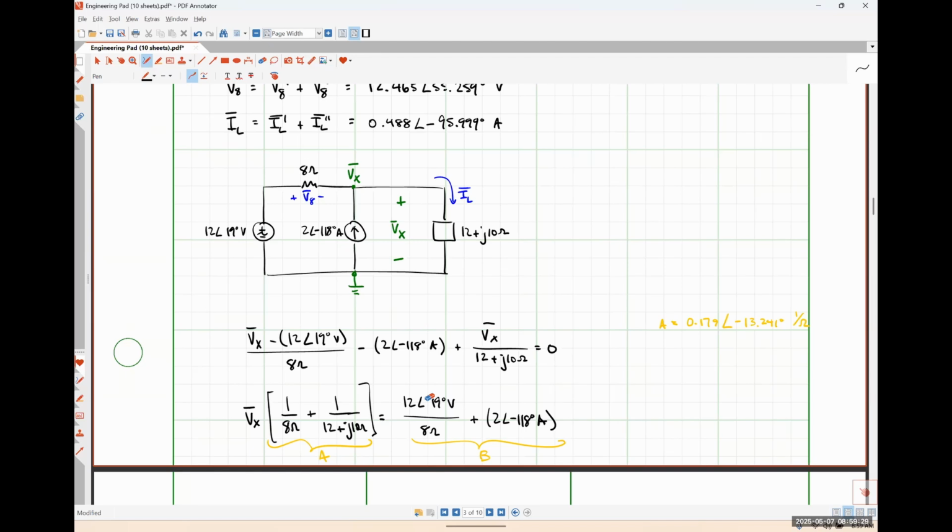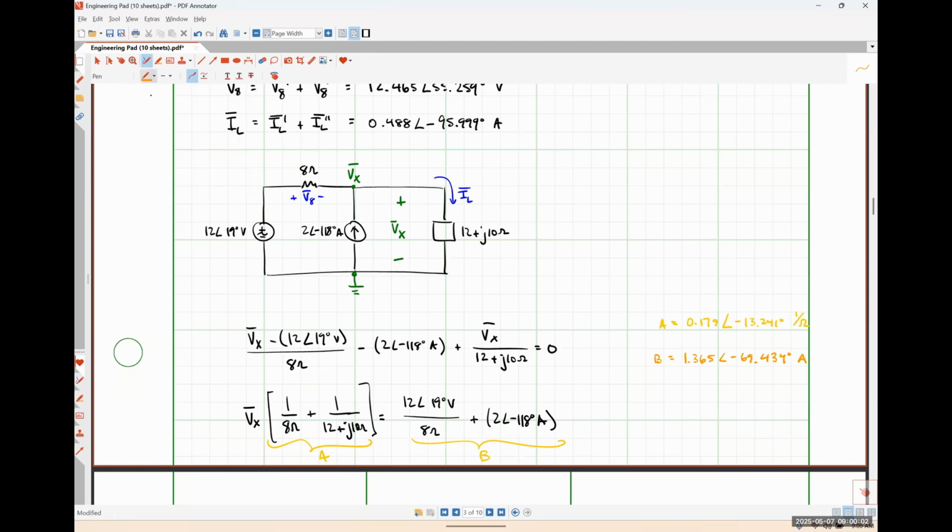Plus 2 angle negative 118. And when I put that into my calculator, I got B to be equal to 1.365 with an angle of negative 69.434 degrees. The units on that are amps.